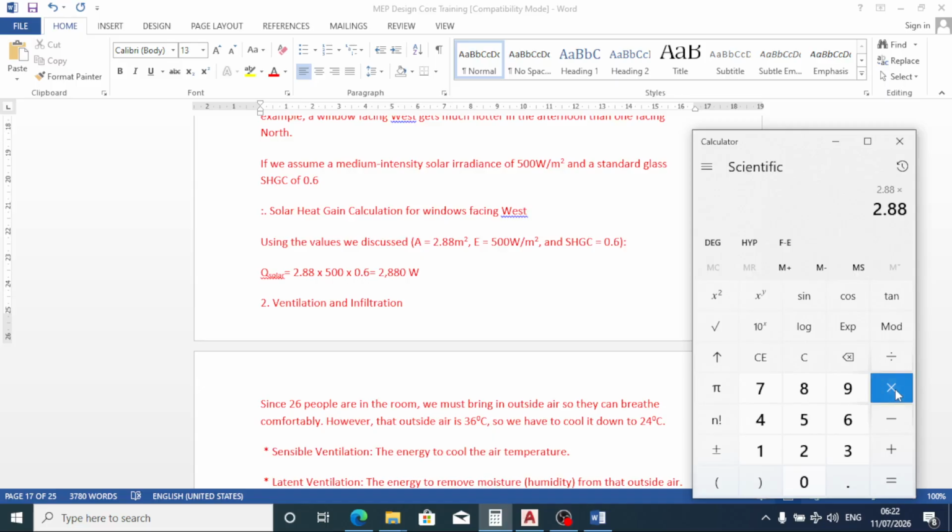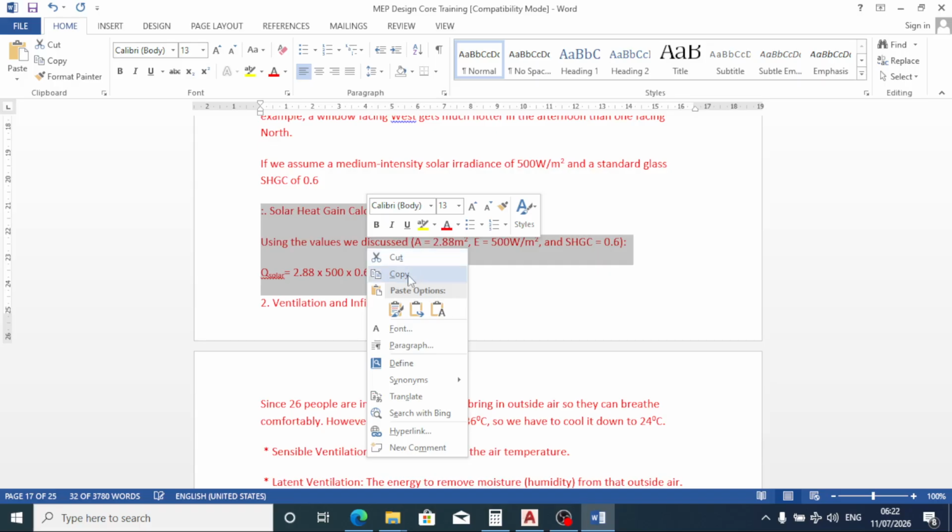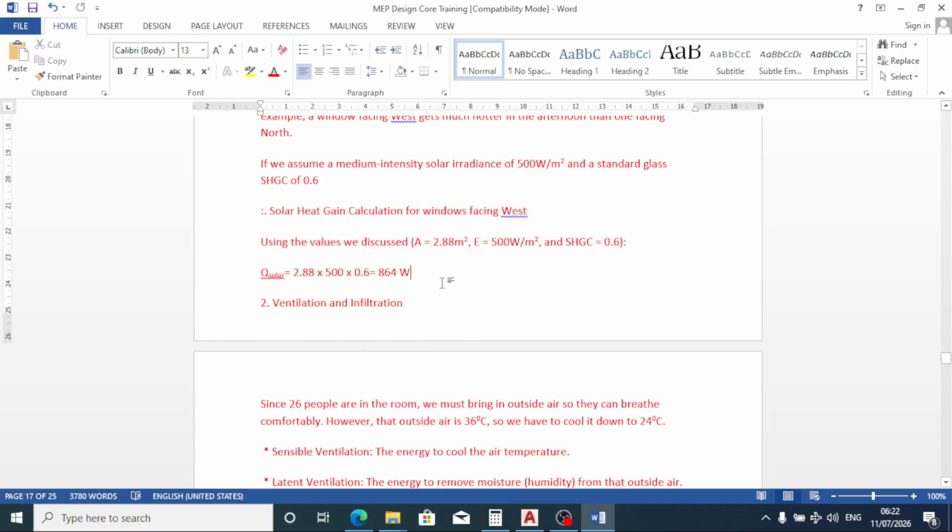So now 2.88 times 500 times 0.6 is 864 watts. Now this is for the windows facing west.